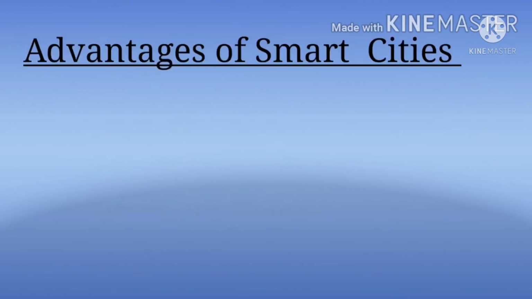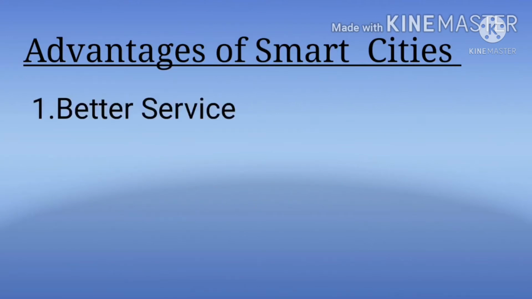That's it. Next, we can see the advantages of smart cities. The first one is better service. Smart cities are cities which have smart buildings and use smart technology, so they provide us better service. For example, if I want to keep track of my maid who is in my home and what she is doing, I can do it from my office using a device or a single app.